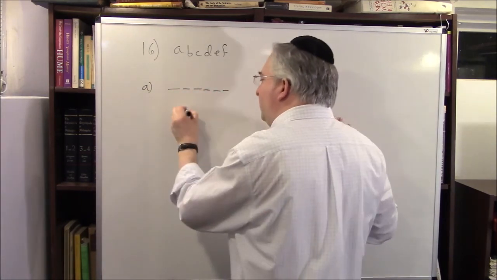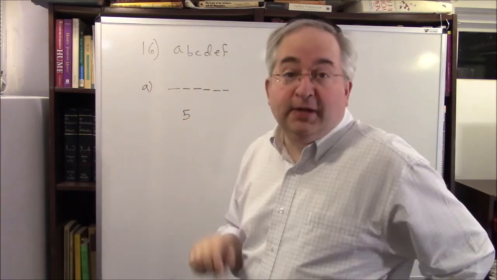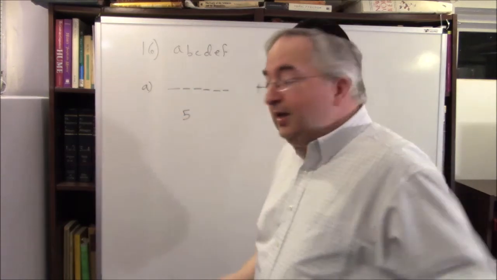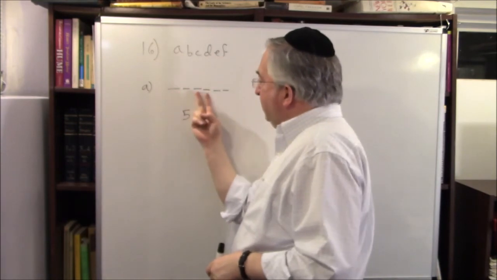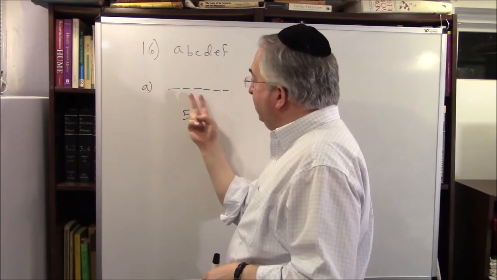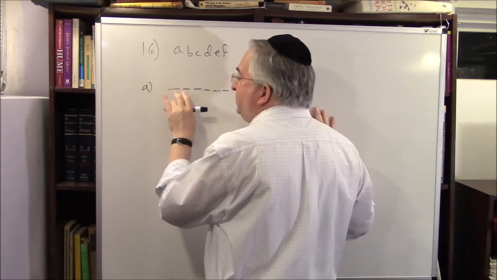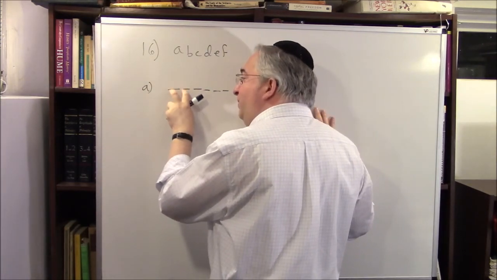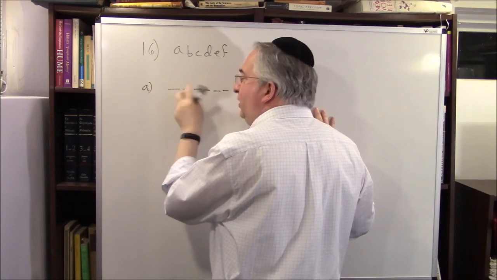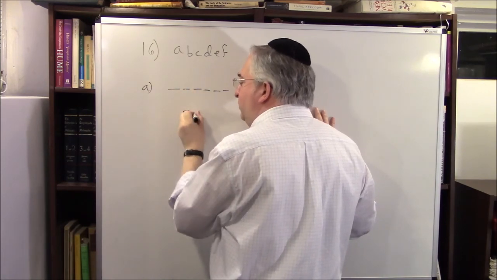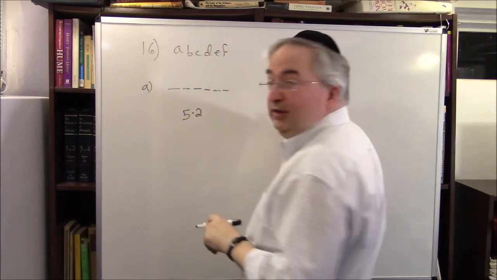So there are 5 possibilities of where the AB can be. Now the pair can be AB, or it can be BA. For each one of these possibilities, it could be AB or it could be BA. So this times 2.